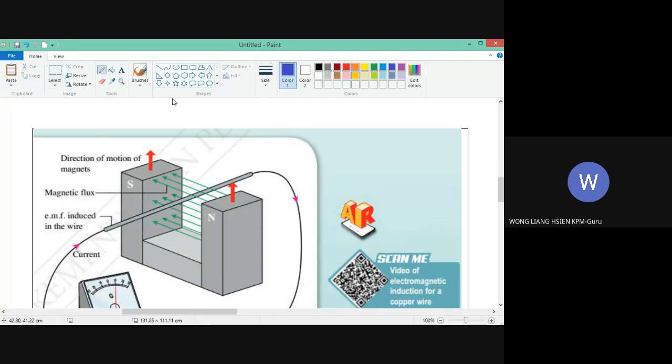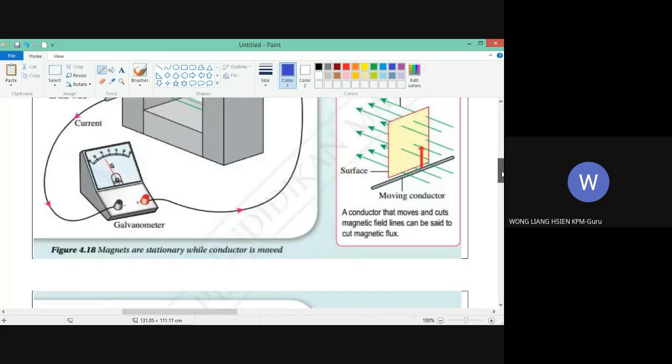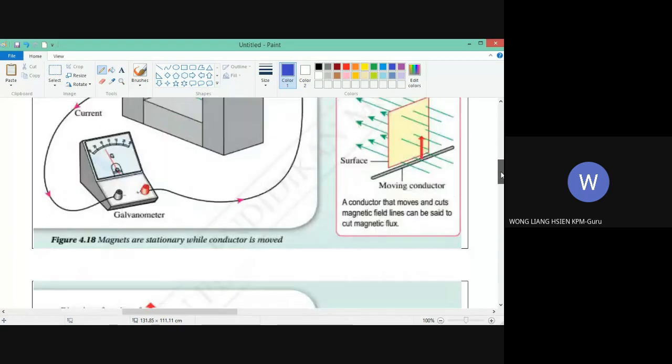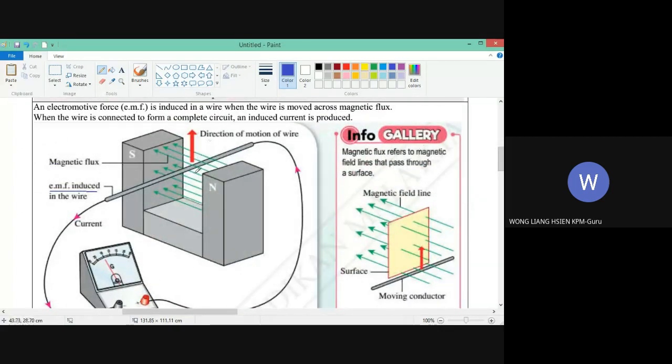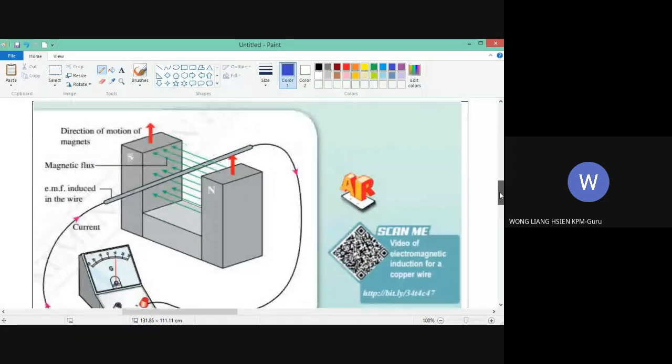However, you compare these two diagrams. In this diagram, the wire is the one that is moving. The magnet is not moving. In this one, the magnet is the one that is moving.